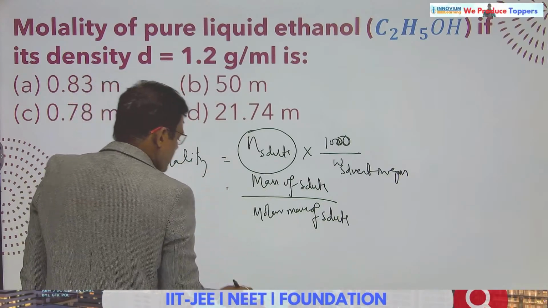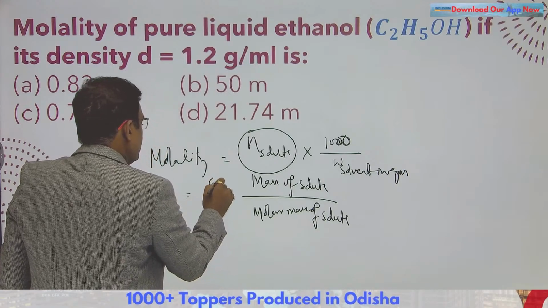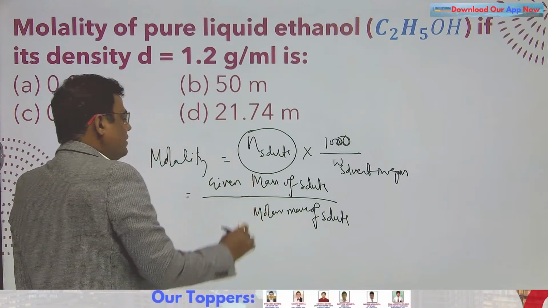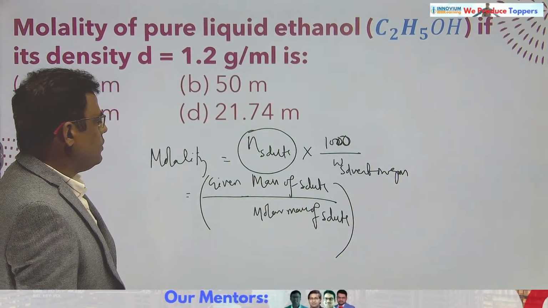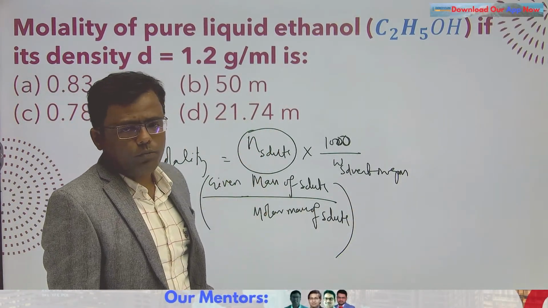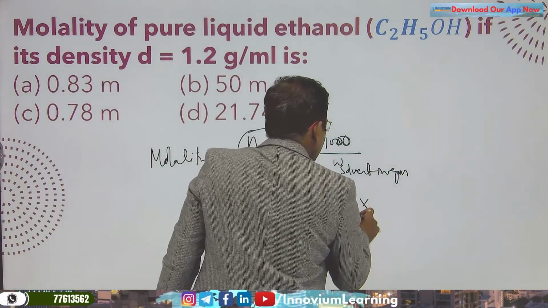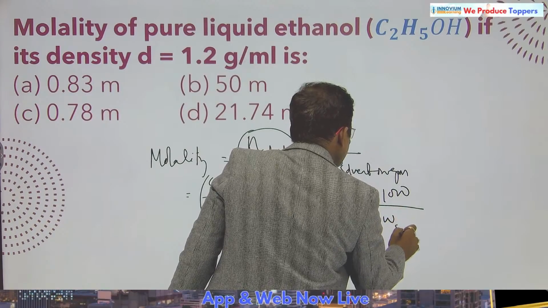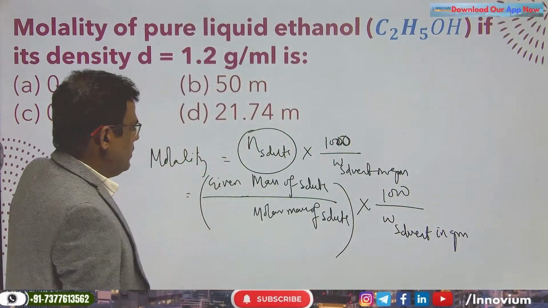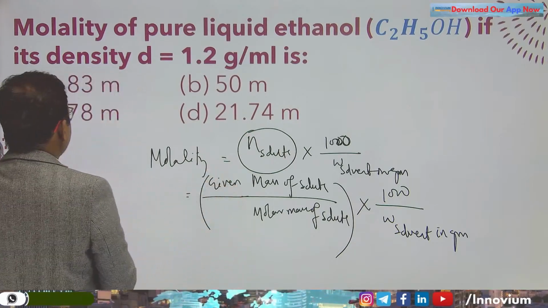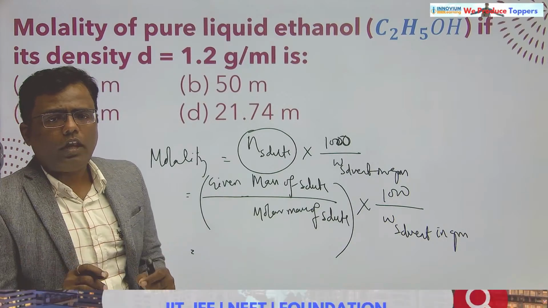Given mass of solute by molar mass of solute gives you the number of moles of solute. So this is one of the formulas to find the number of moles of solute if the mass of solute is given. Correct? Now multiplied with 1000 by W solvent in gram.